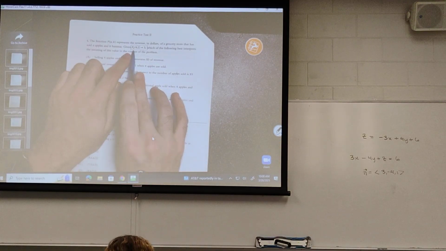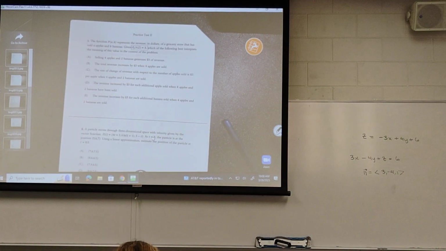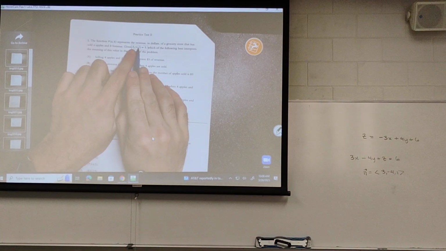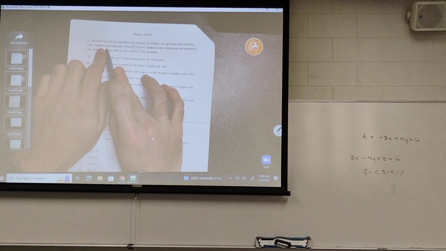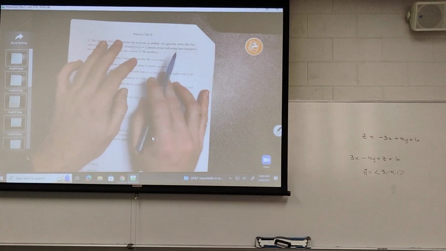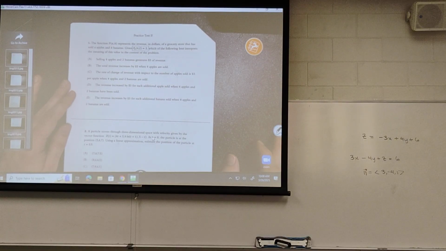So partial derivative with respect to A means if I head in the positive x direction, in this case the positive A direction, I get a positive number, so I should be increasing. Which one of those best describes what's happening?